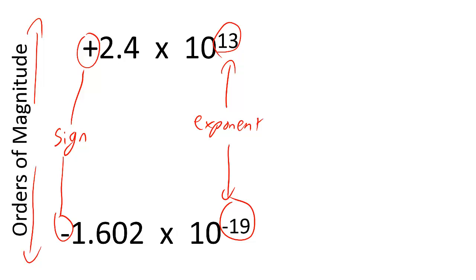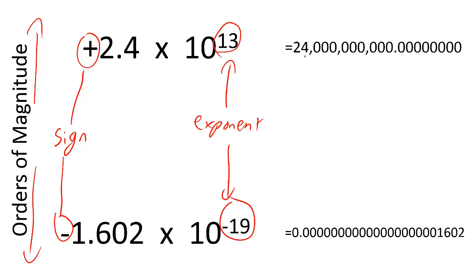The positive 13 exponent tells us to float the decimal point 13 positions to the right from the scientific notation, while the negative 19 exponent tells us to float the decimal point 19 positions to the left. Finally, the notation has a significant digits component which keeps track of the value of the number that we are representing with a certain level of precision.